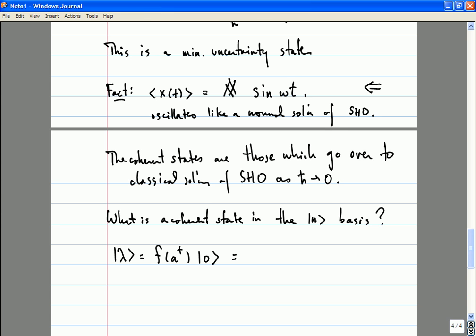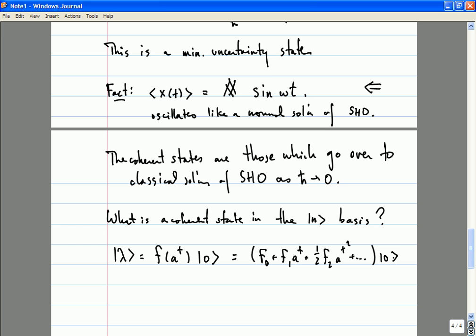So that's some number f0 plus f1 times a dagger plus 1/2 f2 times a dagger squared plus ... acting on the ground state.